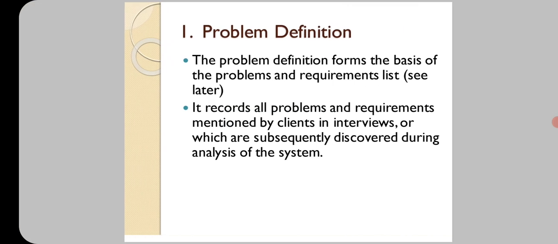So the first phase is called the problem definition phase. The first phase of the SDLC process is problem definition, or defining the problem exactly. The problem definition forms the basis of the problems and requirement list. In the problem definition we identify the various requirements and understand the definition of the problem.